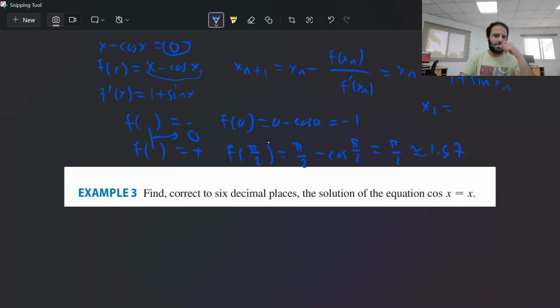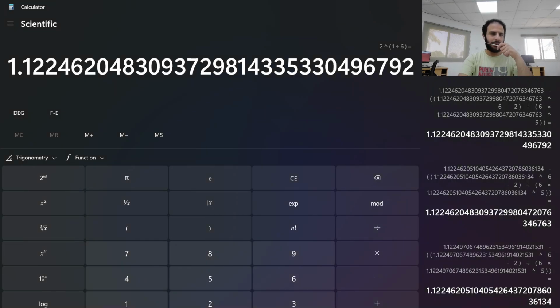If you are not sure, calculate f of 0.5 if you want to make it better, or f of 1. Let's calculate f of 1, for example, using the calculator now. 1 minus cosine 1. But be careful here, you need to put your calculator in radians, okay?